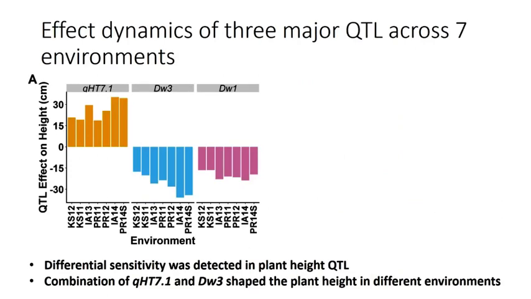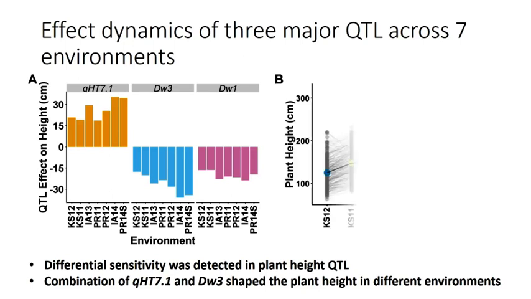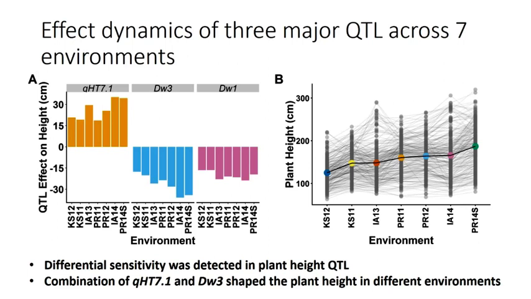And we plotted their effects across different environments. As we can see, the QHT7.1 and DW3 are showing dynamic changing of the effects across different environments, and the DW1 is relatively stable. If we compare this effect with the actual phenotype, we can see they are showing the same trend. So the lowest plant height has the smallest effect, and the highest has the highest effect.